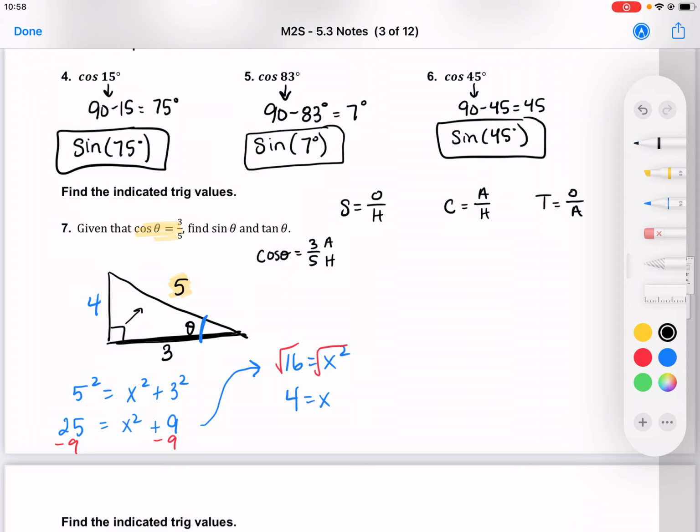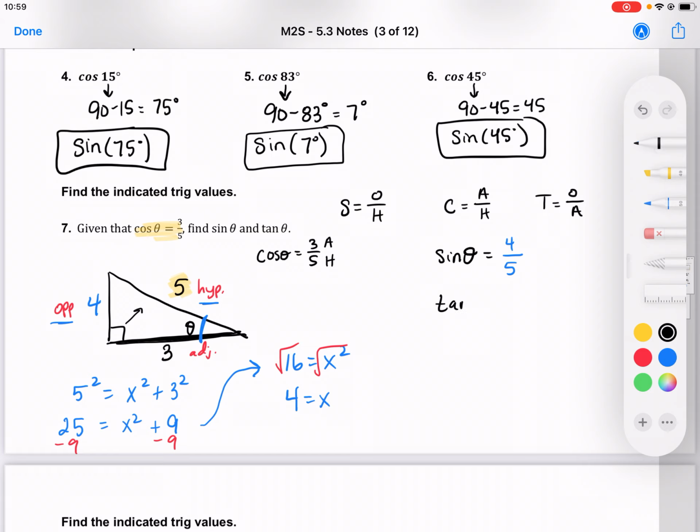So sine of theta would be opposite. So this is our opposite side. In fact, let me do a different color. So this is our opposite side from the angle. We know this is our hypotenuse, and this is our adjacent side. So sine is going to be 4 over 5, because it's the opposite over hypotenuse.